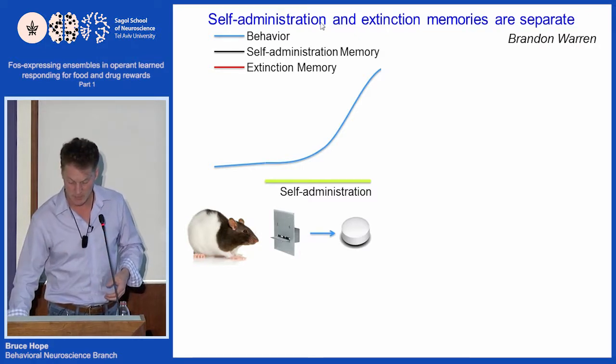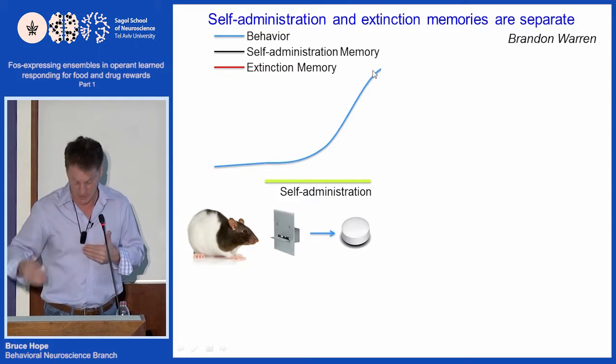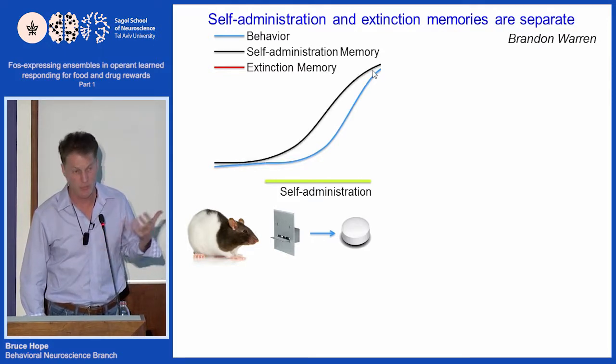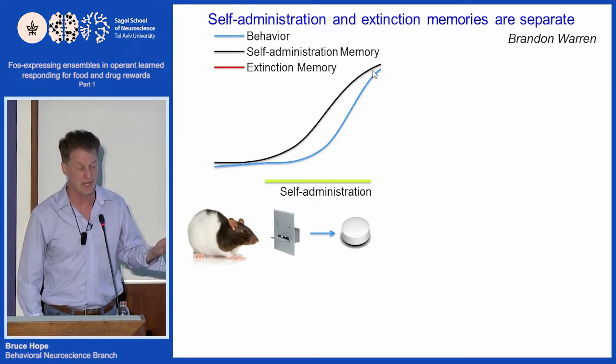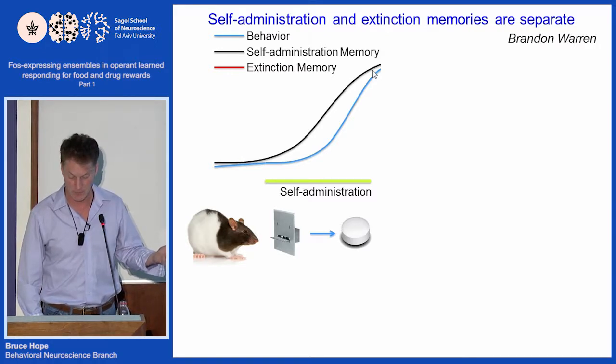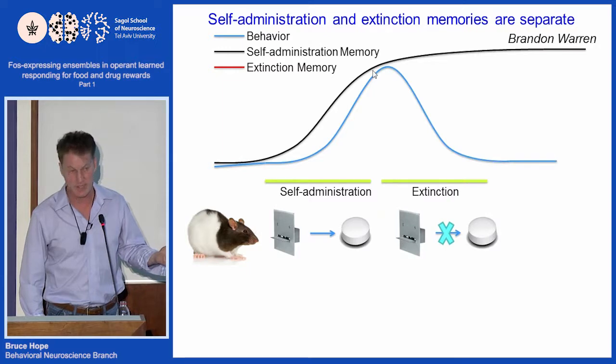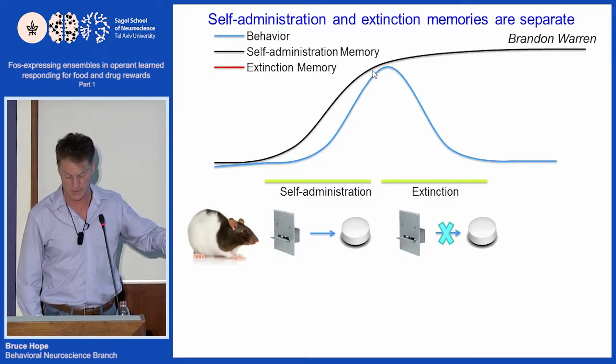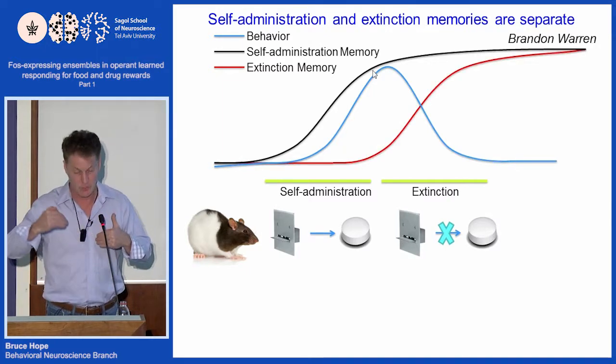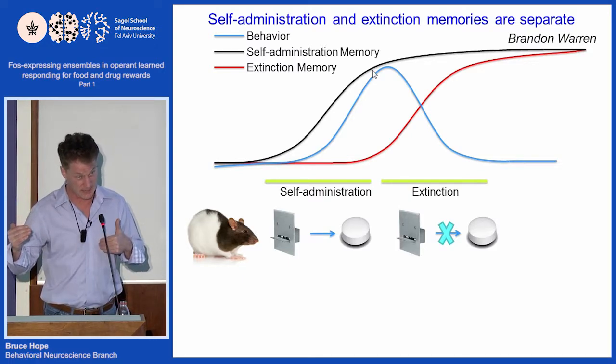So the idea is that an animal will press a lever, self-administration, and they will gradually increase that to get food. And we think of this as being due to a set of memories, or a self-administration memory. Consider it a set. But if you take away that food reward, then you induce what's called an extinction memory. That's the idea.